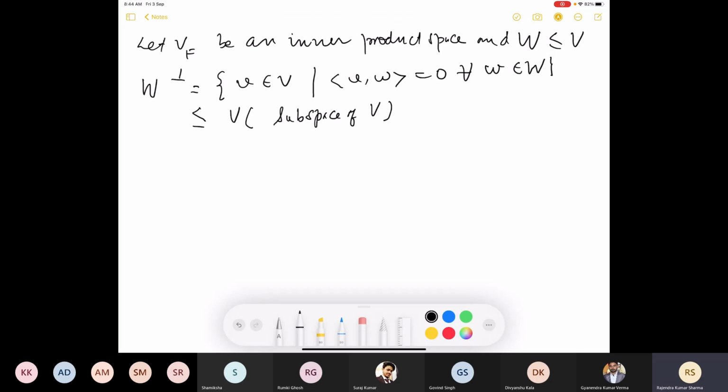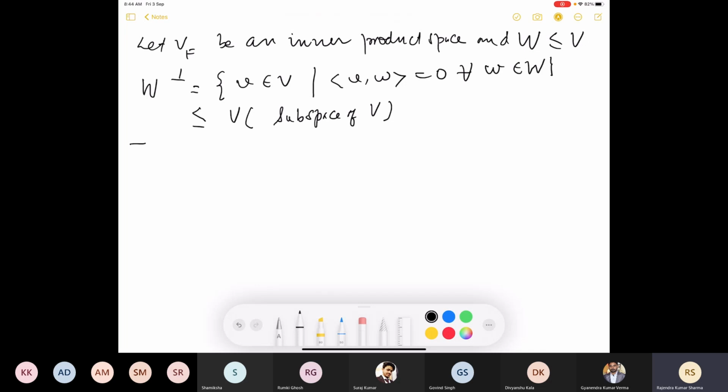So what do you do for that? You just check that this is closed with respect to addition and closed with respect to scalar multiplication, which is not a difficult thing. So we have two subspaces: W, and corresponding to W, W orthogonal.